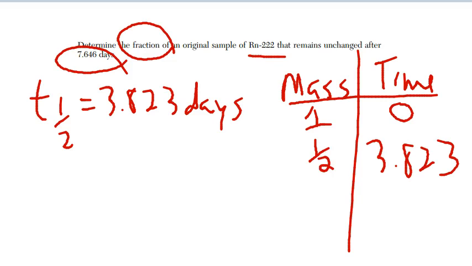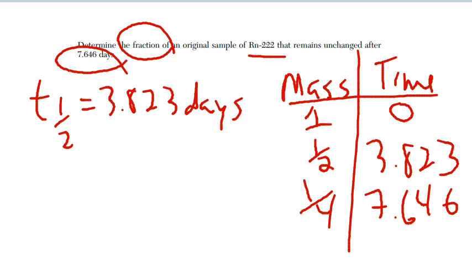Another 3.823 days goes by for a total of 7.646 days, and we have half of a half, which is 1/4. So it's easy to fill in the table. Just realize as far as mass, we're halving it as we go, and time you're adding.